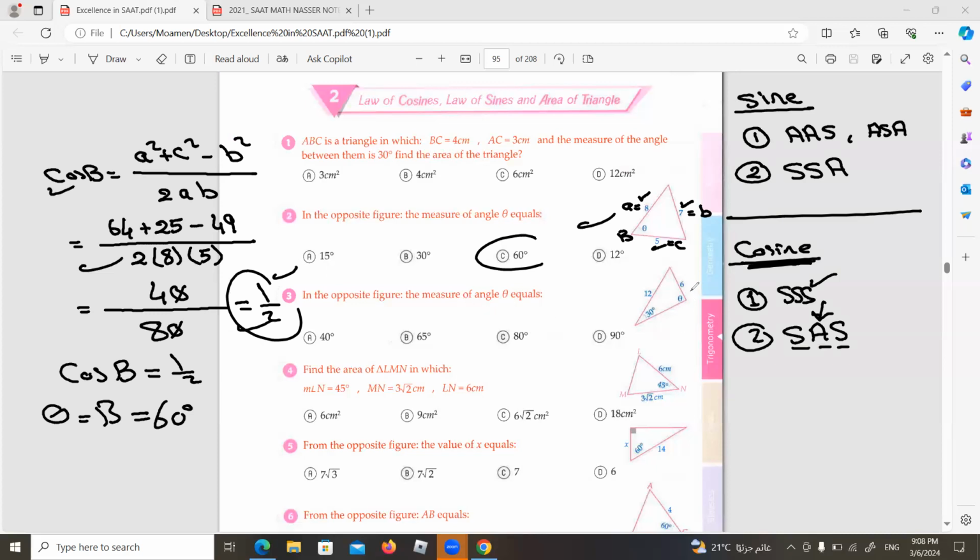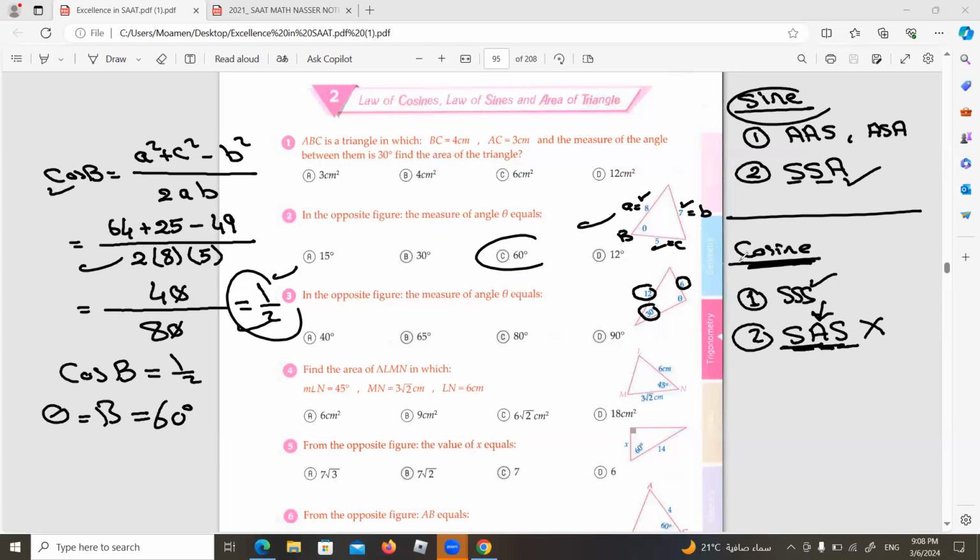What does he give me? He gives me a side and an angle. Ask yourself, is this angle the included angle? No, it's not included. So a side and the included angle? No, mister, this is not satisfied. The angle is not included. So a side and an angle not included.